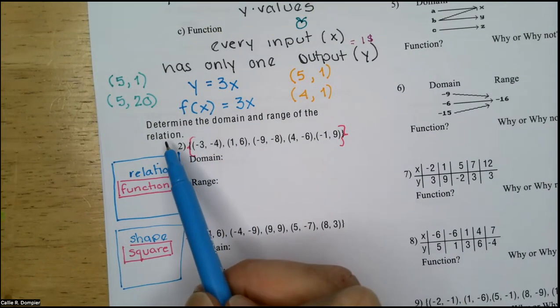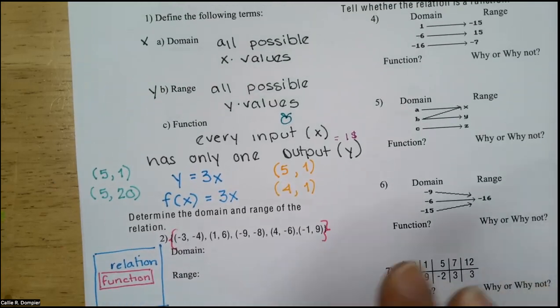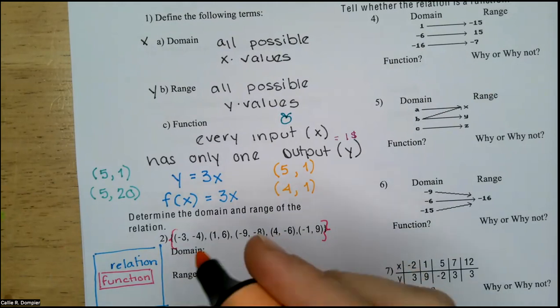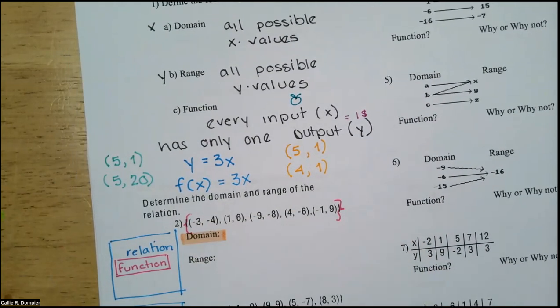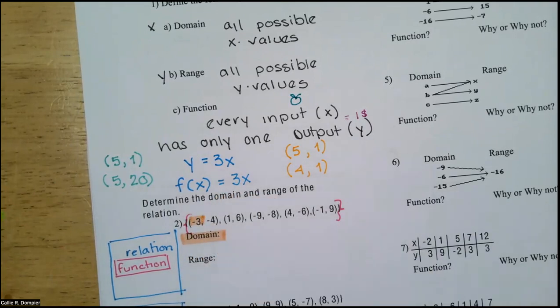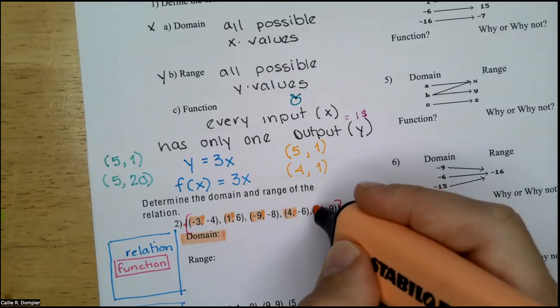Determine the domain of the relation, determine the range of the relation. Remember, domain is your x value, range is your y value. So I just highlighted it with some random color. My domain is my x value. My x value for the first point is -3. Second point is 1. Third point is -9, 4, -1.